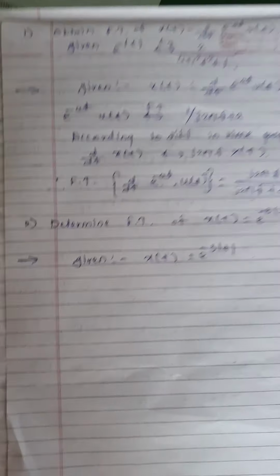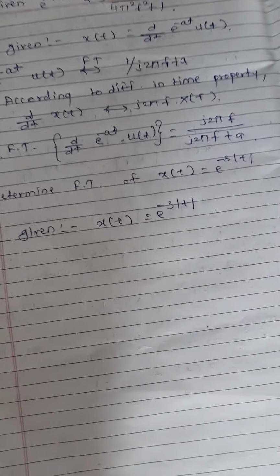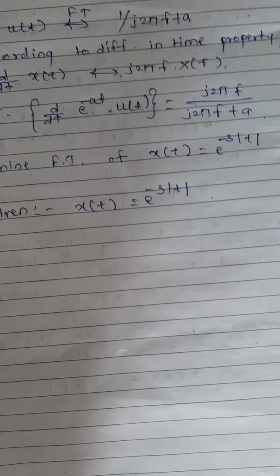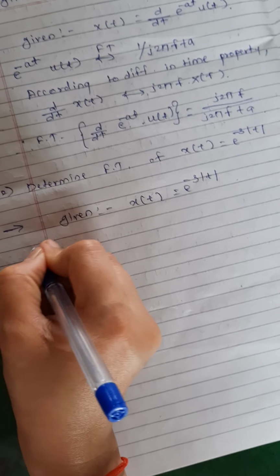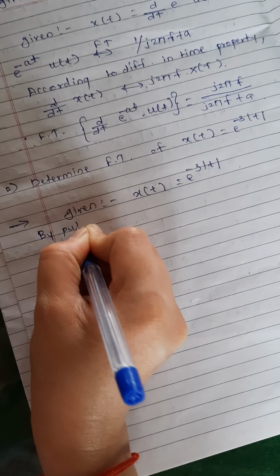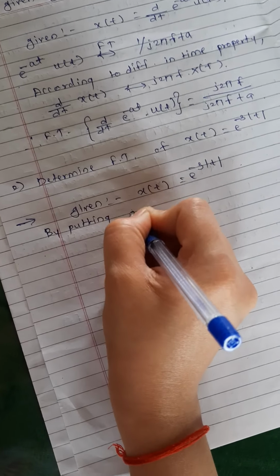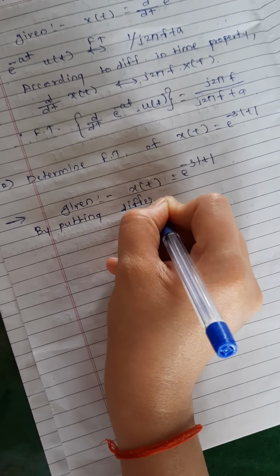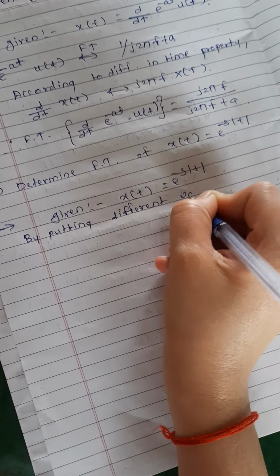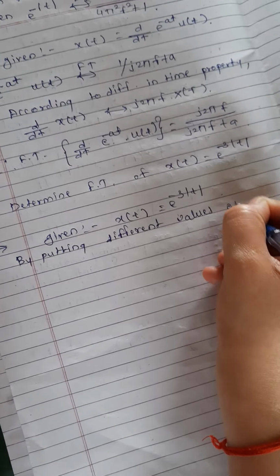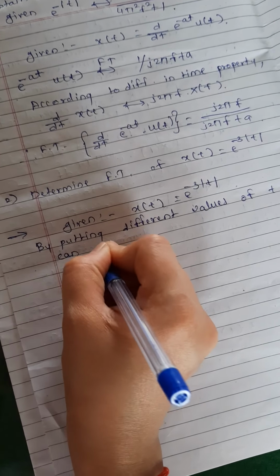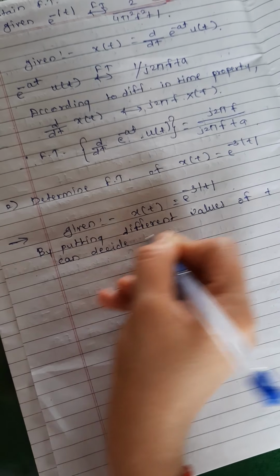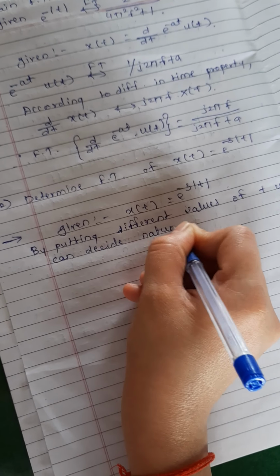Now we will decide the nature of the signal by putting different values of t, so that we can find the nature of the signal. By putting different values of t, we can decide the nature of the signal.